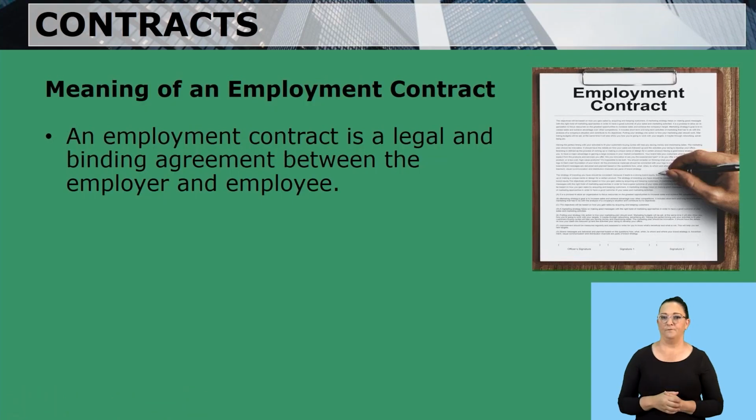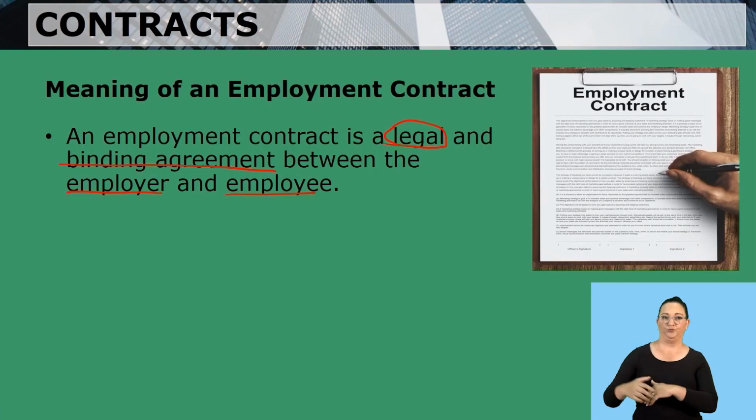Now let's look at contracts. Remember that when you have been offered a position, you need to sign a contract that acknowledges that you are now an employee in that particular business and you are entitled to salary. It is defined as a legal and binding agreement between the employer and the employee.